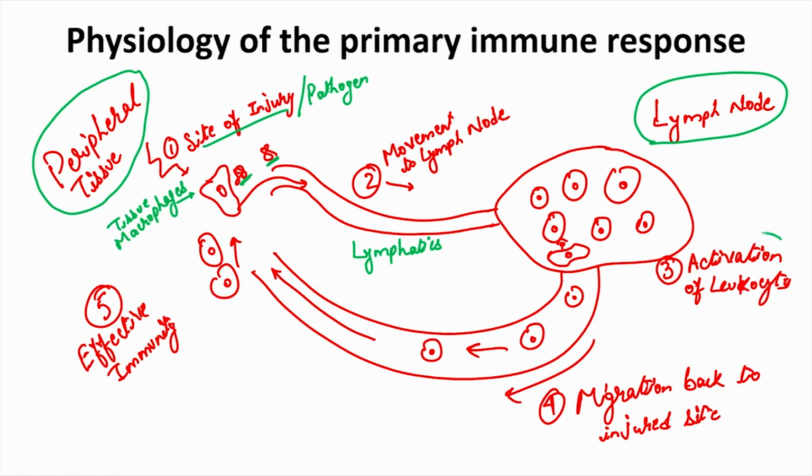That will cause activation of the leukocytes at those lymph nodes. Once these cells get activated, they will start moving around in the blood and again home to the site where the injury is, just because these vessels are leaky. So, extravasation will happen.